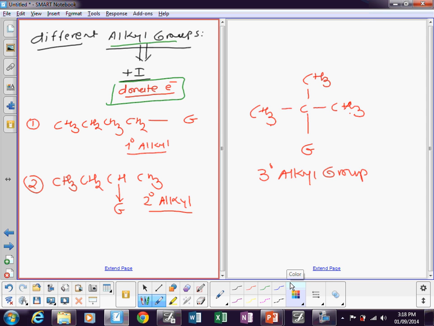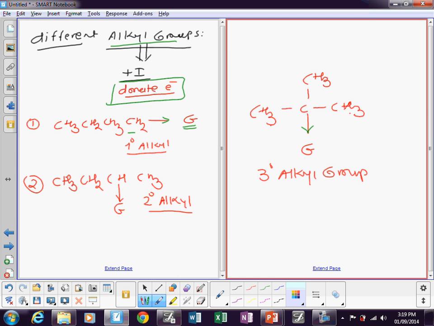So let's say this primary alkyl group is donating electron to this particular group. Correct or not? Here secondary alkyl group is donating electron, and here tertiary alkyl group is donating electron. What is inductive effect? This donation of electrons spreads throughout the chain.